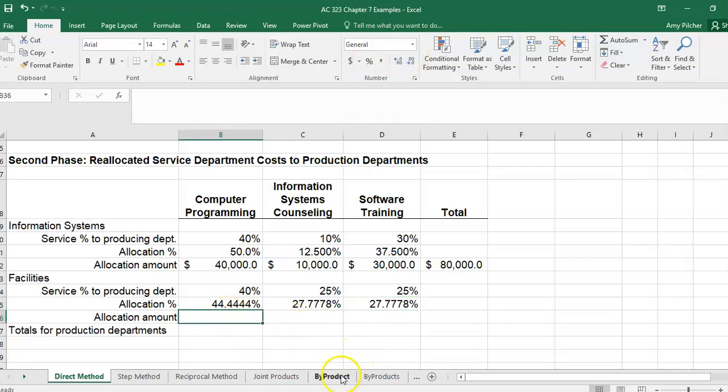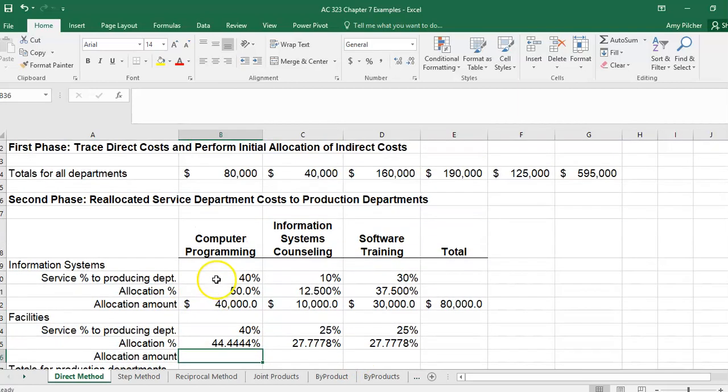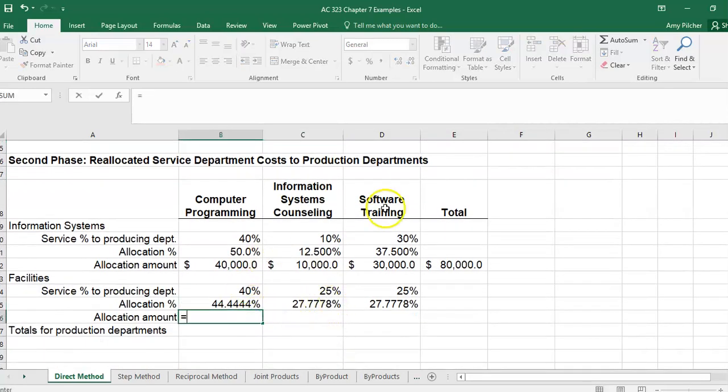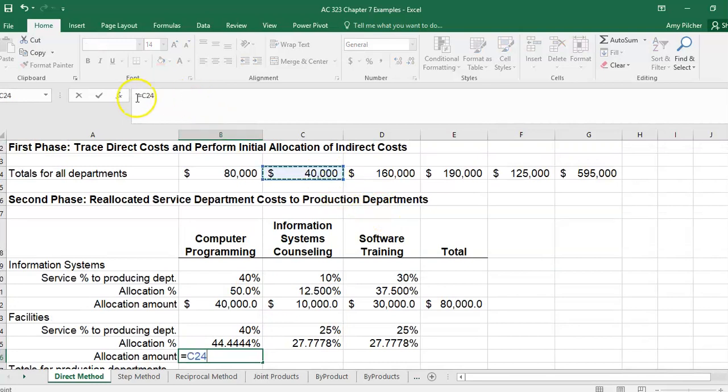by your text. For our allocation amount, the facilities department, we have indirect costs of $40,000. So we want to allocate that $40,000. We want to lock that cell so we can copy our formula times the allocation percentages.